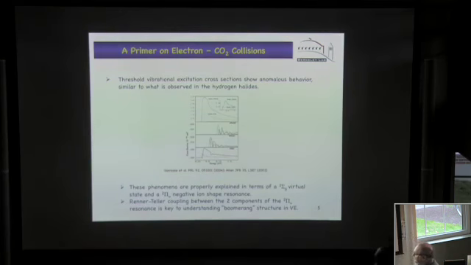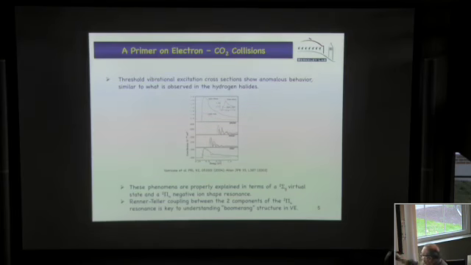All right. So all of these phenomena that I've mentioned so far, the threshold vibrational excitation, the rapid rise in total cross-section below 2 eV, the shape resonance near 4 volts, and its accompanying resonant vibrational excitation, can all be properly understood in terms of negative ion states: a doublet sigma virtual state at low energies, and this doublet pi shape resonance, which of course at linear geometry is doubly degenerate.